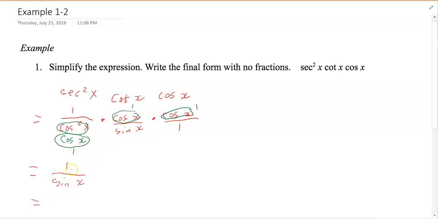And 1 over sine of x is the reciprocal, cosecant of x, CSC of x. And that is our final answer. So we have totally simplified this elaborate expression at the top to just cosecant of x. All right.